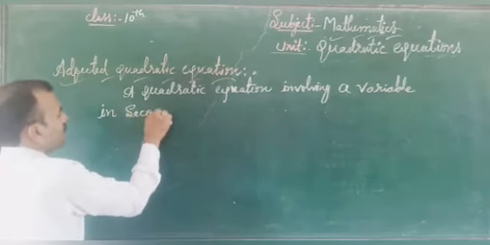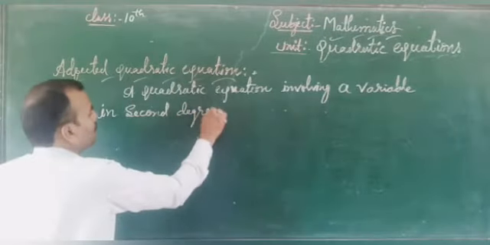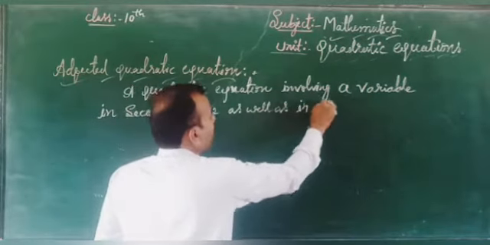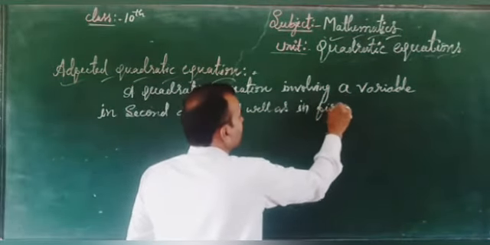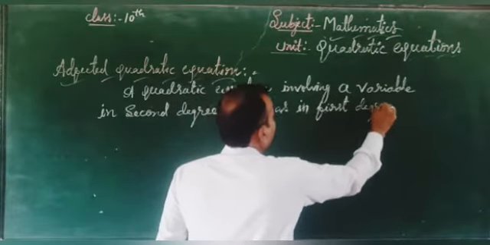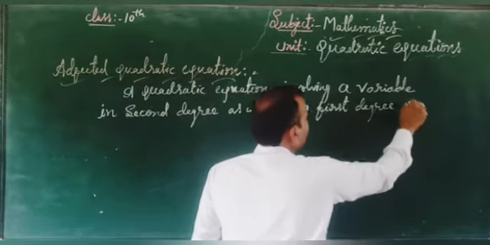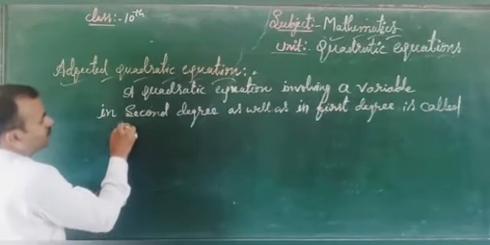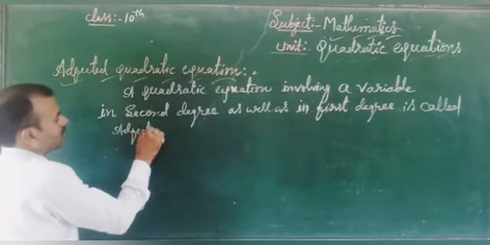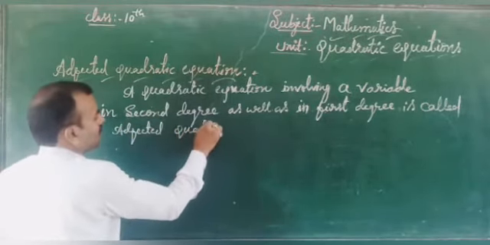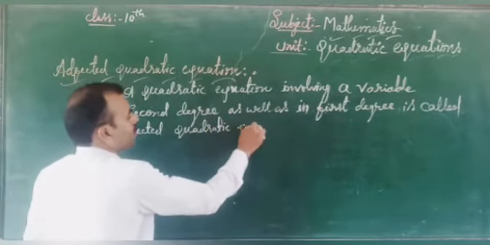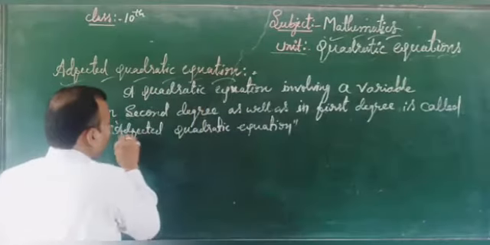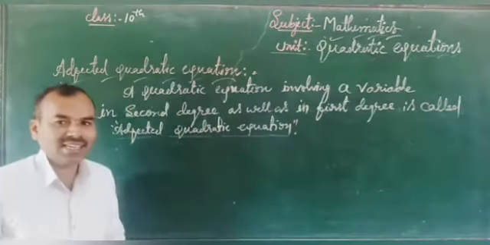An equation involving a variable in second degree as well as in first degree is called an unaffected quadratic equation. Write in inverted commas, unaffected quadratic equation.